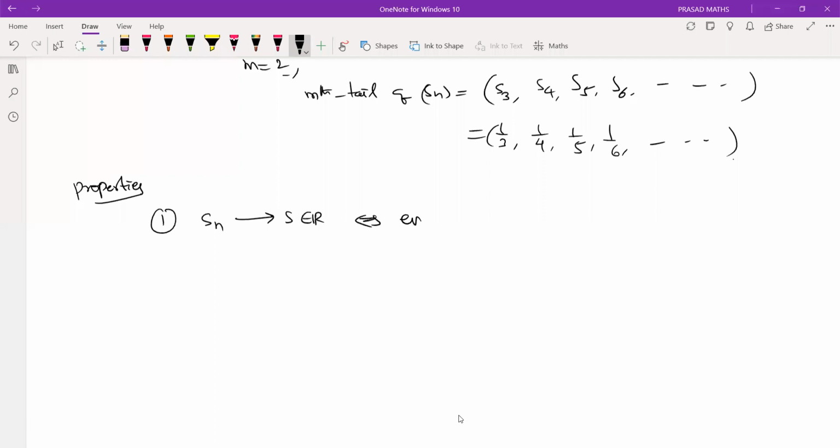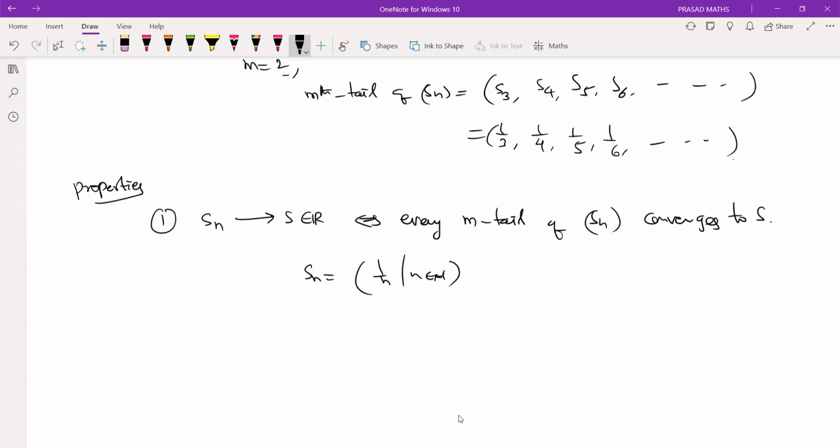Then this holds if and only if every mth tail of Sn converges to the same limit. You give me any tail. Suppose you take Sn equal to 1 by n, n belonging to natural numbers. You know clearly Sn converges to 0 as n tends to infinity.